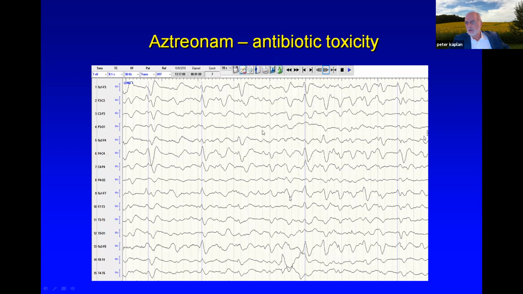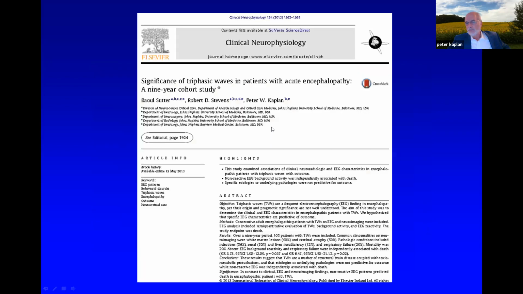Aztreonam, we noticed recently, and I've seen it with gabapentin. So of course, the idea is to be vigilant, see any drugs that the patient has that may not be cleared adequately because the patient is small or elderly, and the renal clearance is not sufficient to get rid of the medication, even though the measurable level or even the dosage appears to be okay.